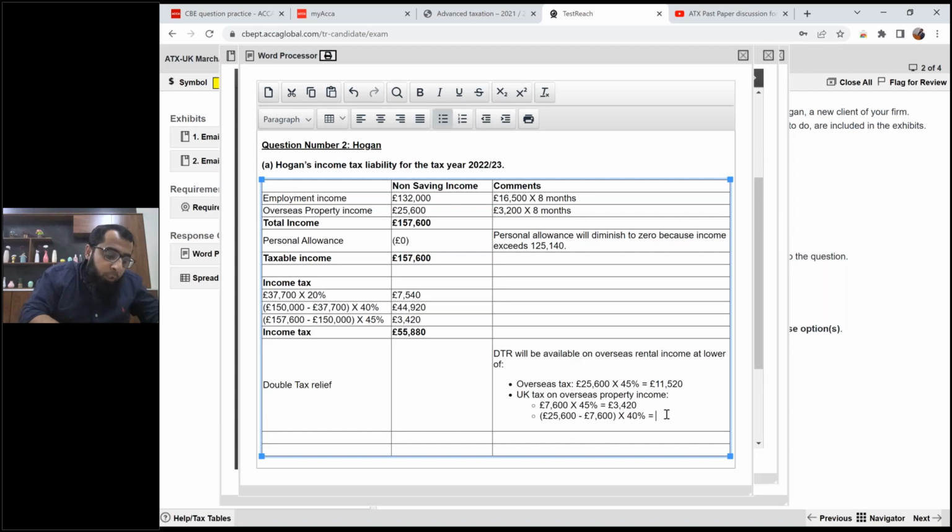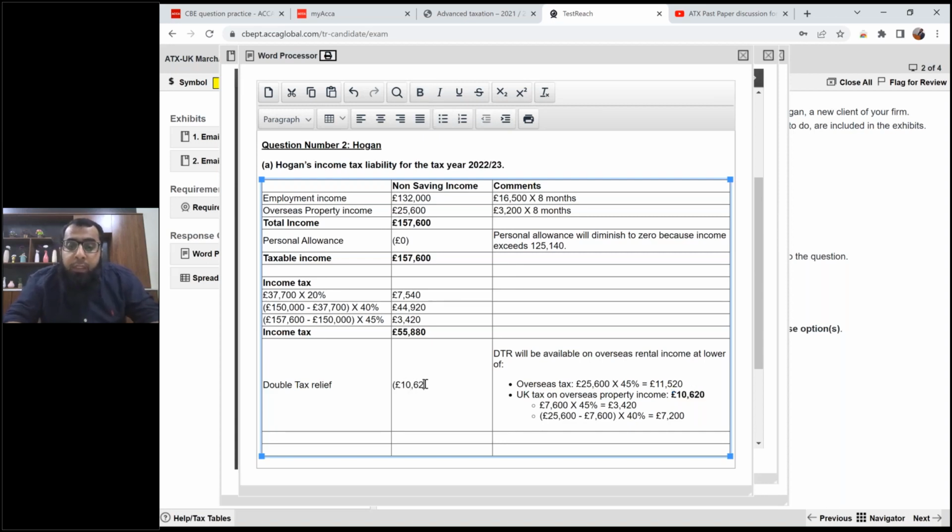So 25,600 minus 7,600, 40% on it, so this is 7,200. So the UK tax on overseas property income is 3,420 plus 7,200, so it's 10,620 pounds. So obviously the DTR is the lower of the two, and 10,620 is lower.